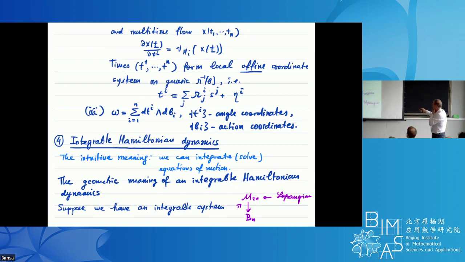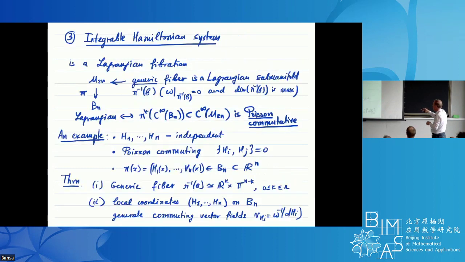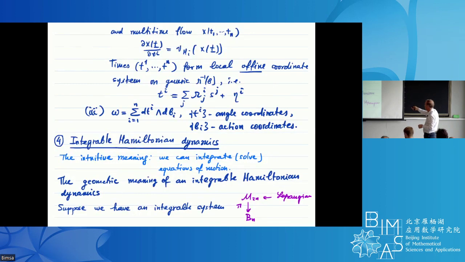So this is the integrable structure. I just want to emphasize again that you have this Lagrangian fibration, almost Lagrangian in the sense that only generic fibers are Lagrangian. And as a consequence, you immediately have this Liouville-Arnold theorem.